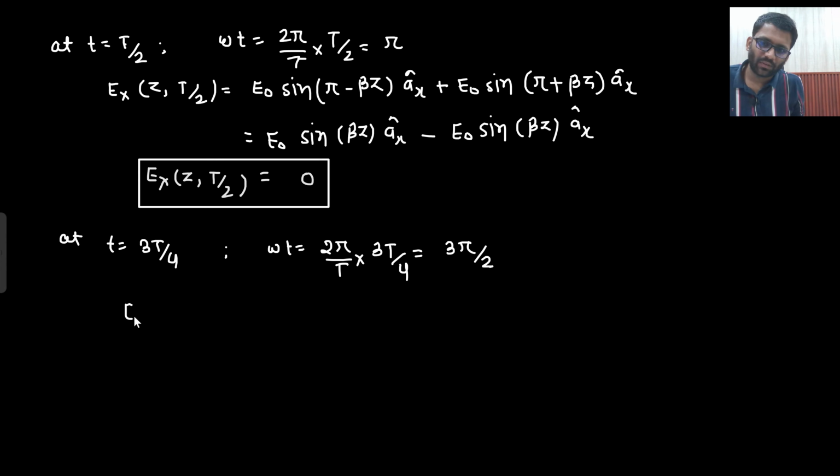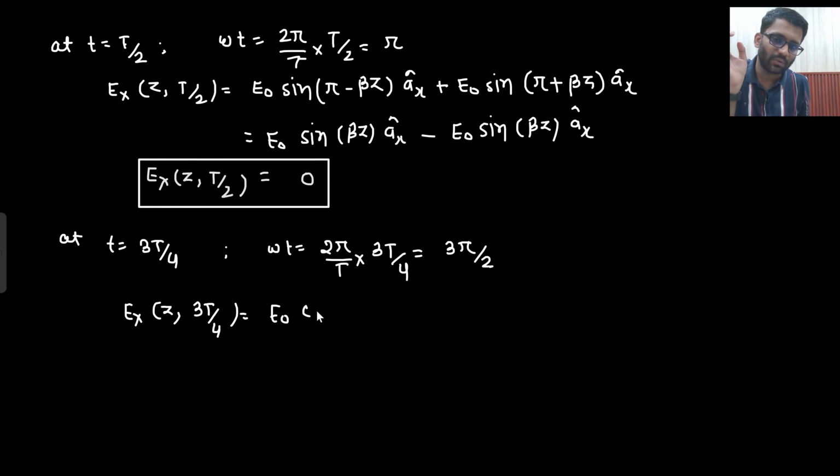So let's write it down very quickly. At 3t by 4, E naught sine 3 pi by 2 minus beta z. That means third quadrant, it would be negative. And since it is 3 pi by 2, that means it is 270. Since it is 270, then sine will change into cos. So cos beta z, but answer will be negative. So minus cos beta z ax cap.